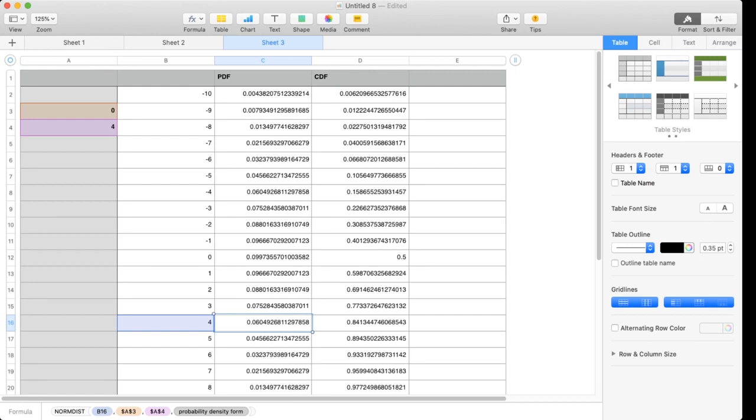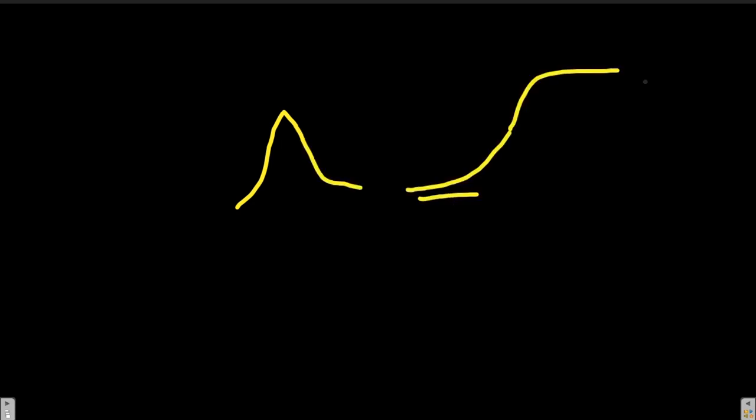For the PDF, I will see the normal distribution curve, whereas for the CDF, I'll see something like this. The sum total of all the probabilities is represented by the cumulative distribution function.